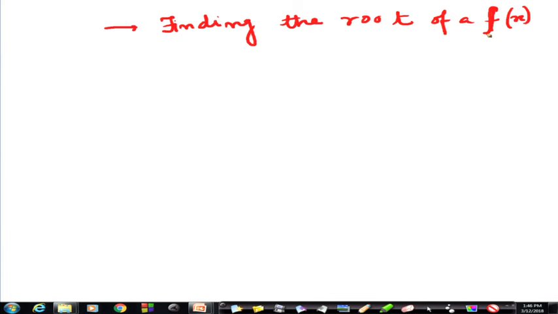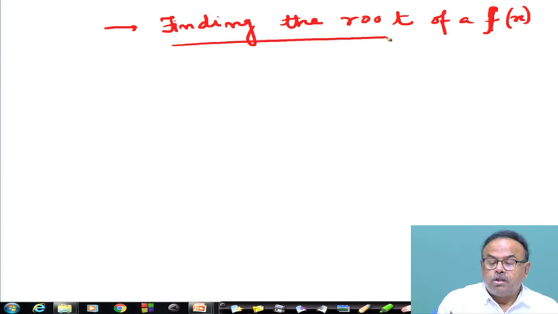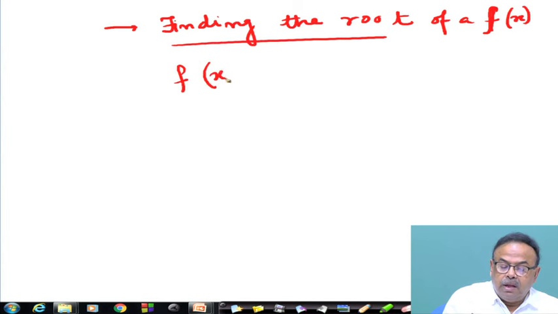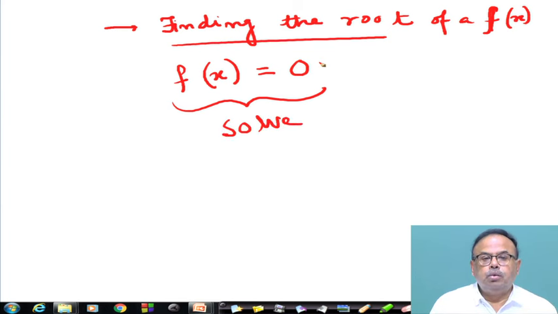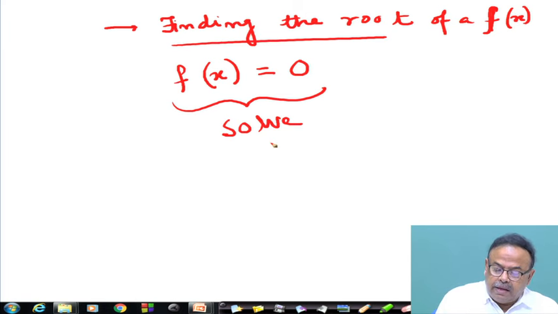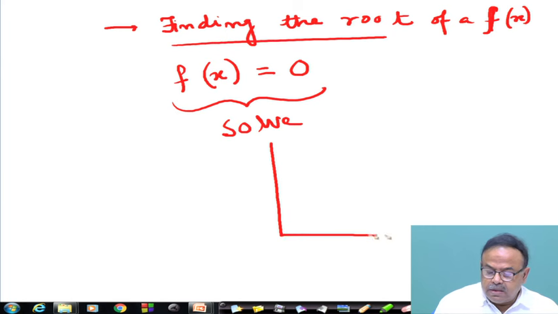Now, finding the root means essentially solving the equation. So, if I have a function f x, then my equation is f x equals 0 and I want to solve this, right, and I want to find out the root, at least one root. Now, what do I mean by the root? The root is that, if there is a function like this, say there is a function like this.